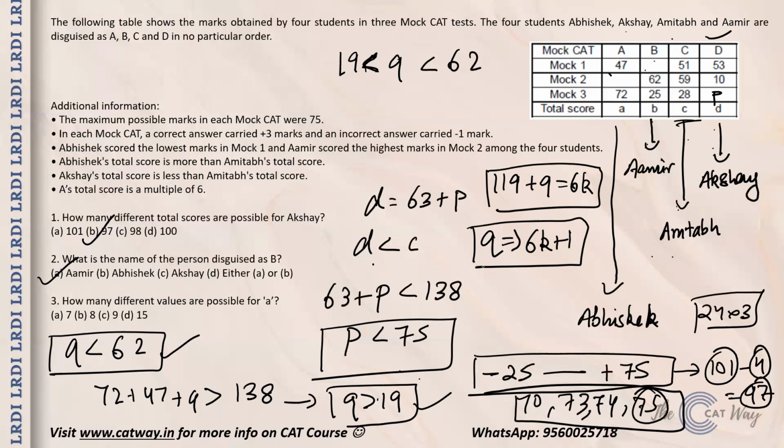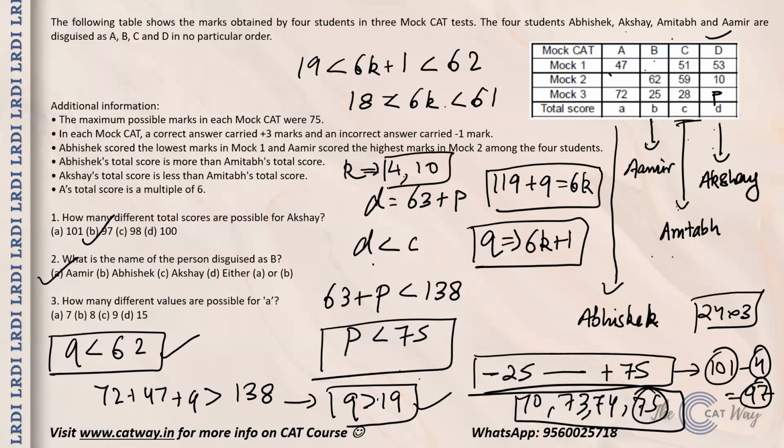Now, that means if you remove this and you write 6K plus 1, then what will happen is that 18 is less than 6K, which is less than 16. And from here you can find that the different possible values are that K is equal to 4 up till 10.